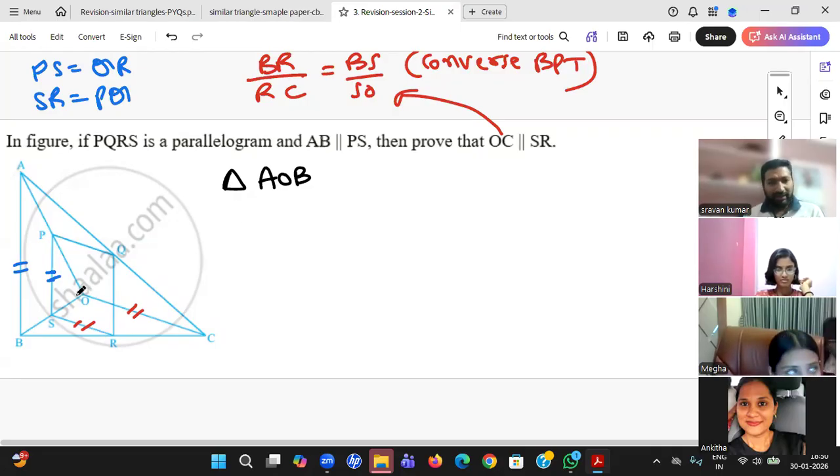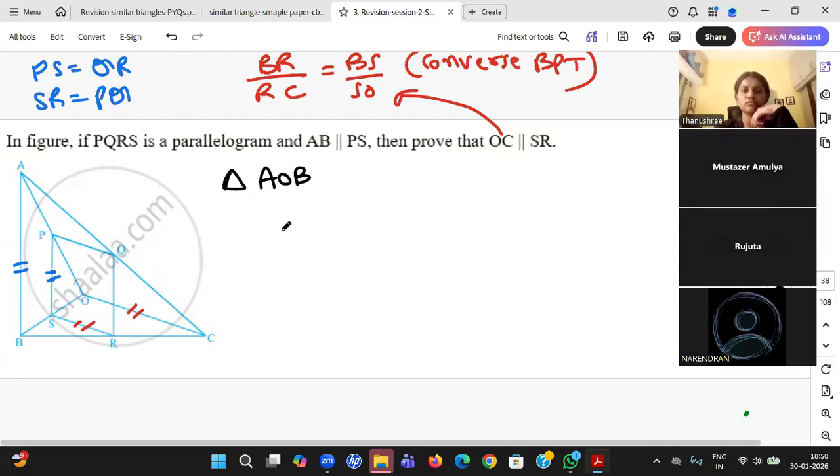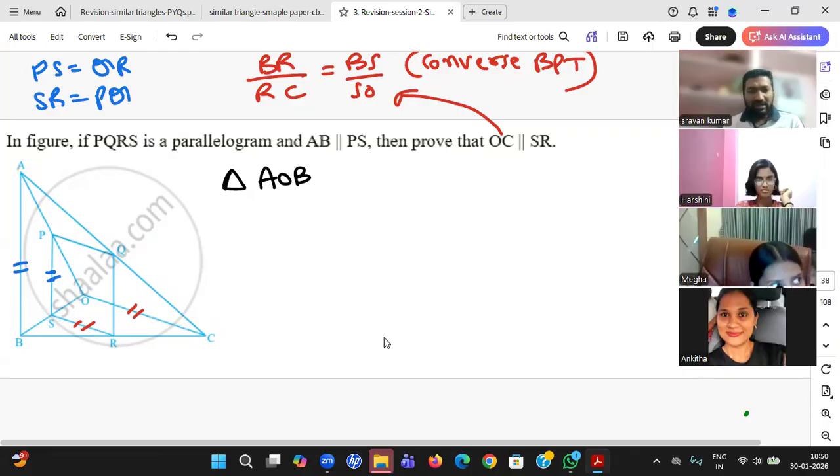Students, are you able to hear me or not? Harshini, are you able to hear me? Yes, sir. So AOB, student. Harshini, you say, what should I write then, if at all I'm taking AOB?